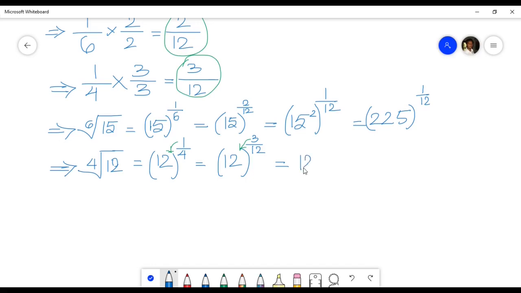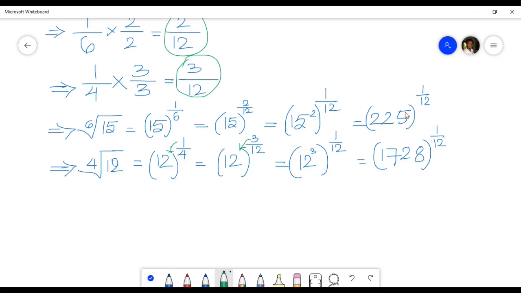Now because we have found 1 by 4 is equal to 3 by 12, 3 will be written as the exponent of 12. And because 3 is removed from the numerator, we are left with 1. So we get 12 to the power 3 into 1 by 12. 12 multiplied 3 times, we get 1728. 1728 to the power 1 by 12.